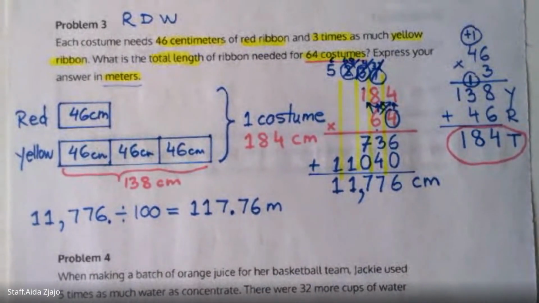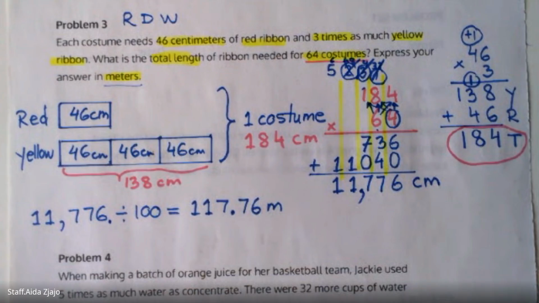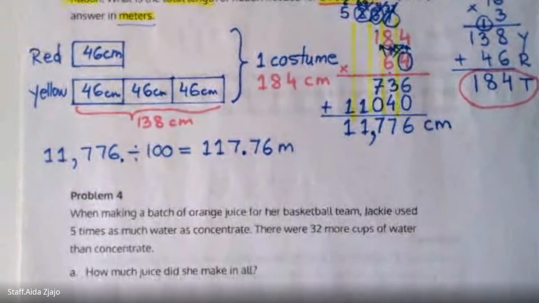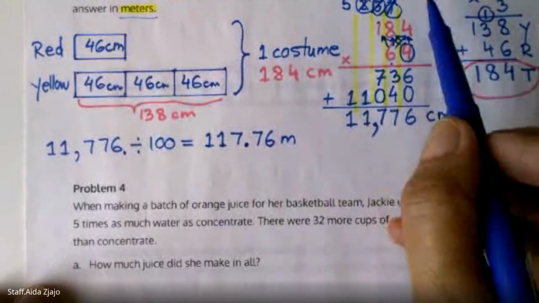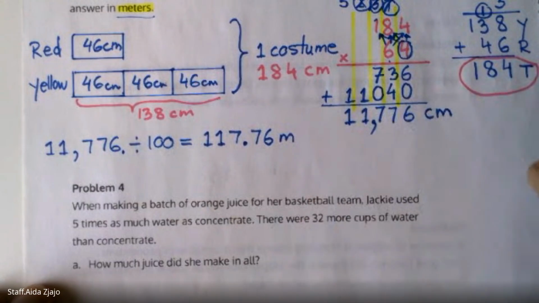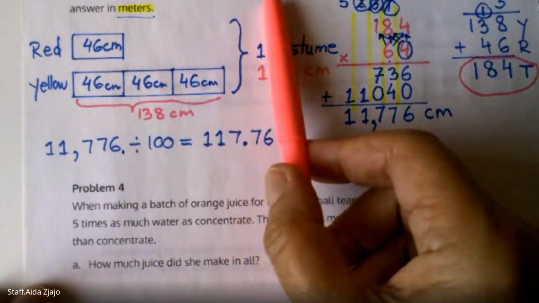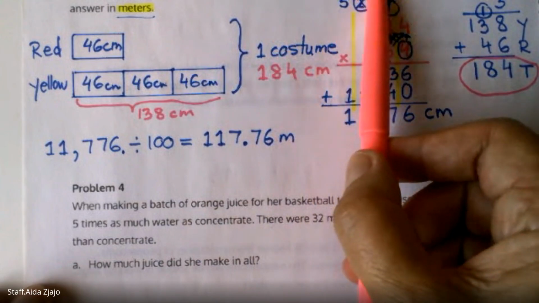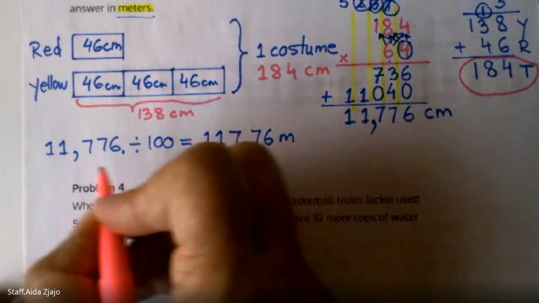All right, that's number 3. Okay. Oh, I forgot to write down the answer. Yes, but I did express the centimeters. What is the total length of ribbon needed for 64 costumes?